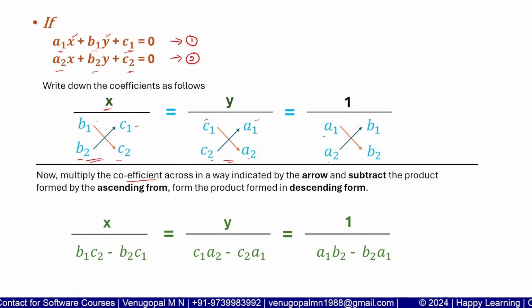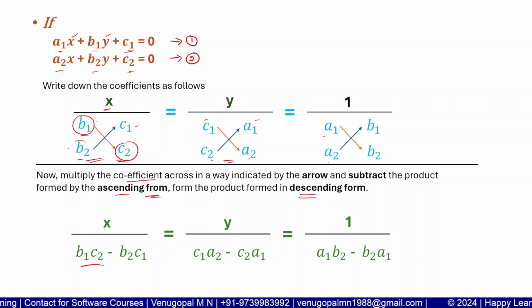We multiply b1 into c2 and b2 into c1, and subtract the product formed by the ascending form from the product formed by the descending form. So x divided by b1 into c2 minus b2 into c1.